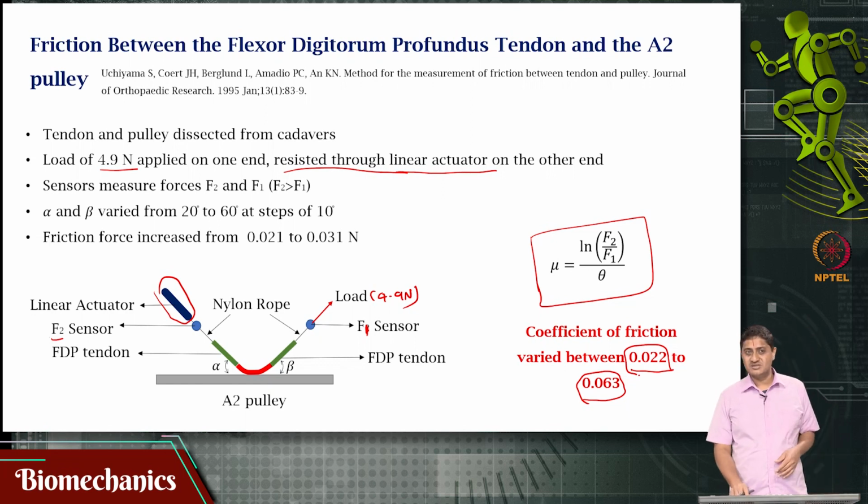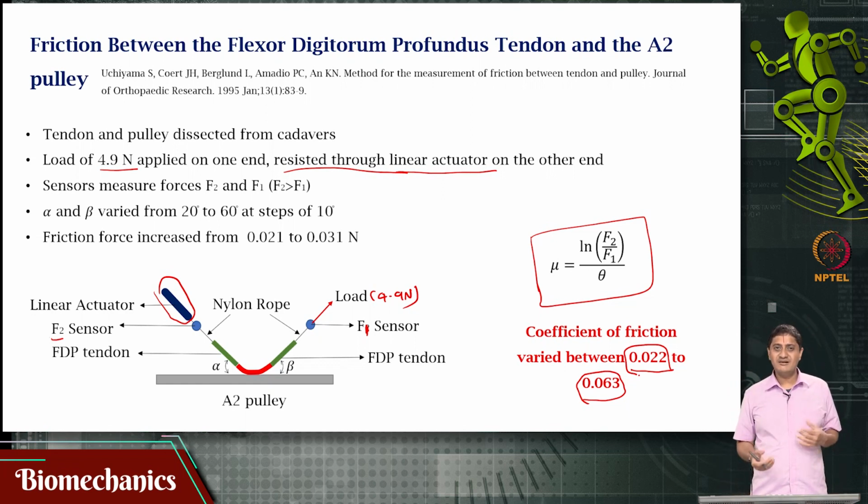These are really small numbers. Remember that these are well lubricated systems, so it is not entirely unheard of for such small coefficients of friction to be seen in biological systems.